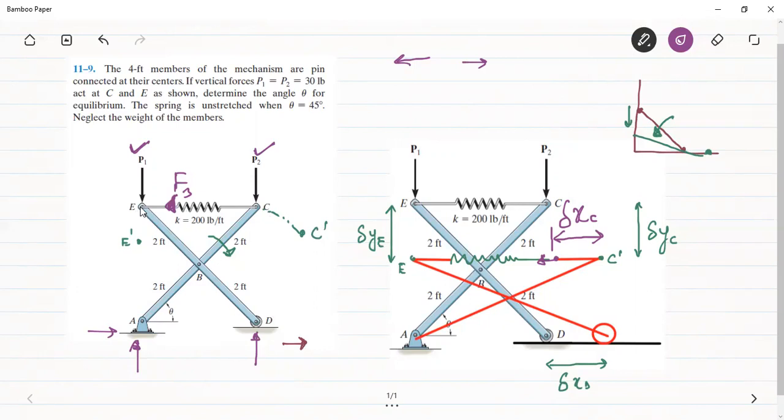The coordinate of E: we are interested only in the y coordinate of E. So what can you say about the y coordinate of E? If you see, this distance will be equal to how much? 2 sine theta, isn't it? If we consider this right angle triangle, this distance will be 2 sine theta, plus this distance will also be 2 sine theta.